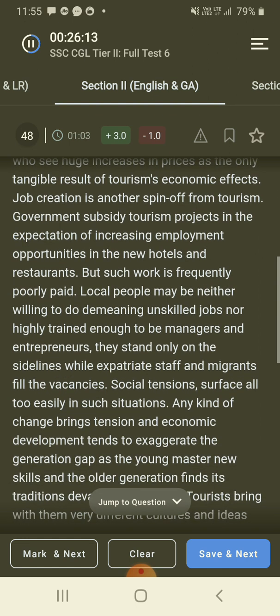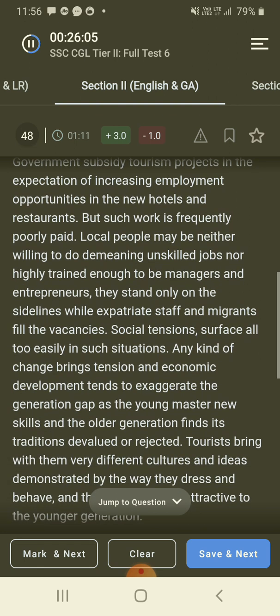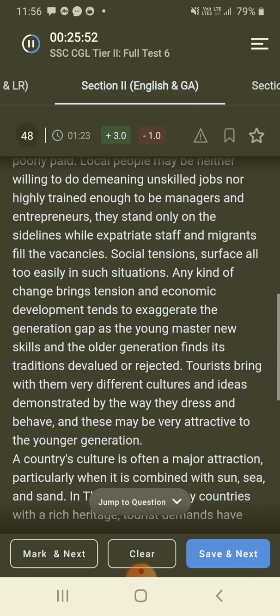Job creation is another spin-off from tourism. Governments subsidize tourism projects in the expectation of increasing employment opportunities in the new hotels and restaurants. But such work is frequently poorly paid. Local people may be neither willing to do demeaning unskilled jobs nor highly trained enough to be managers and entrepreneurs.